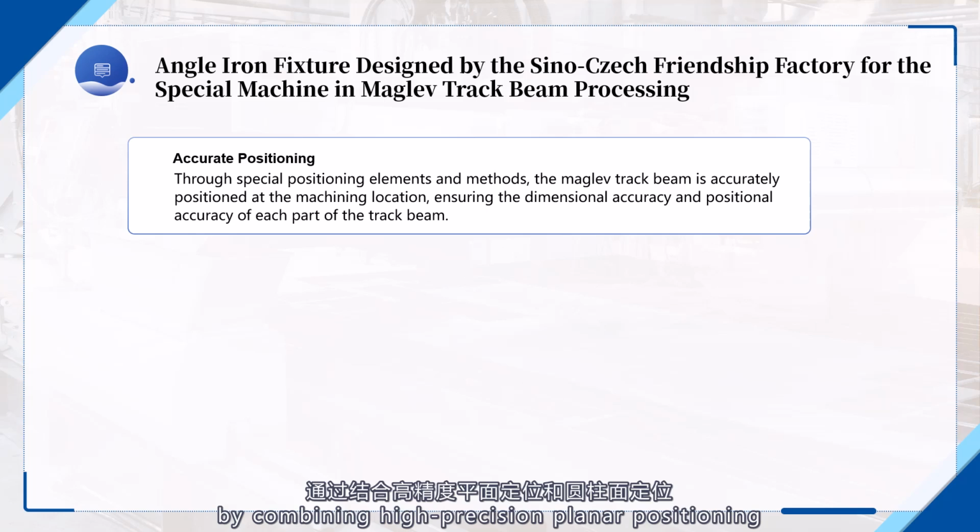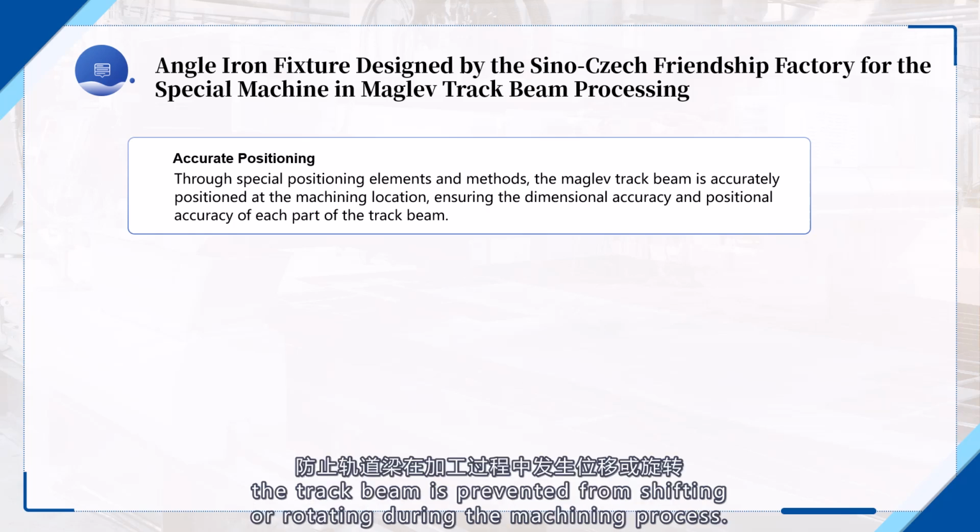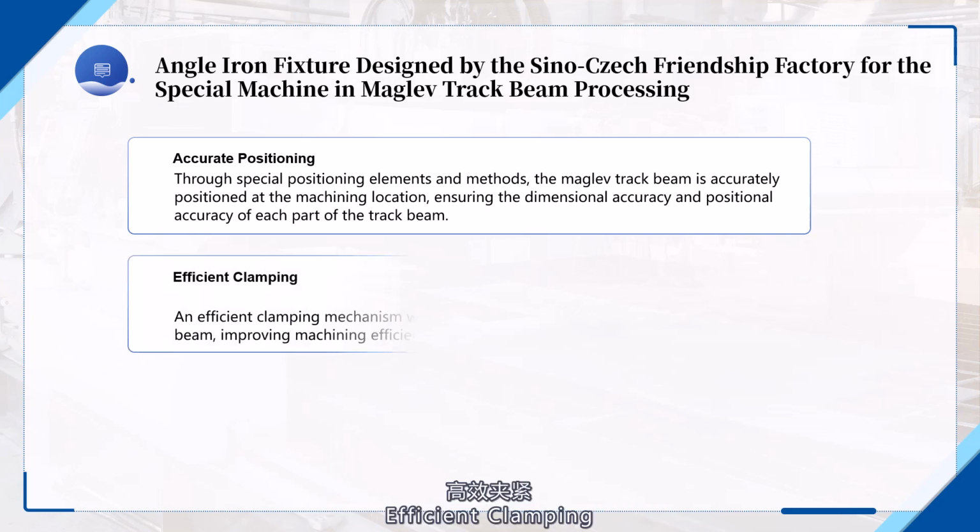For example, by combining high-precision planar positioning with cylindrical surface positioning, the track beam is prevented from shifting or rotating during the machining process.